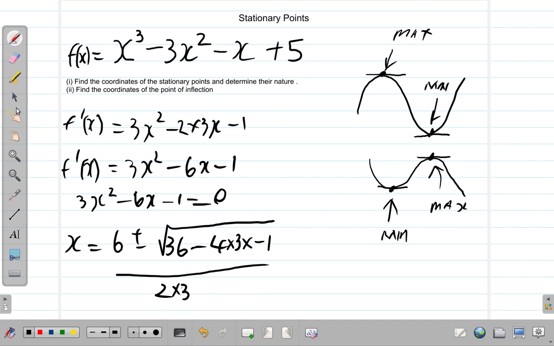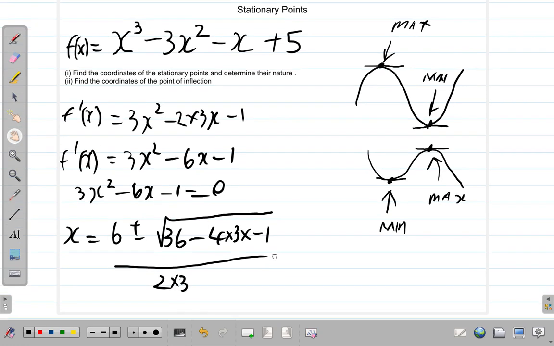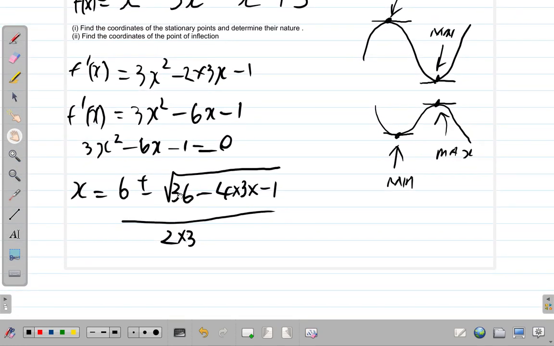Alright, so what we have here is x equals 6 plus or minus the square root of 36 minus 4 times 3, which is 12, times negative 1, negative 12.